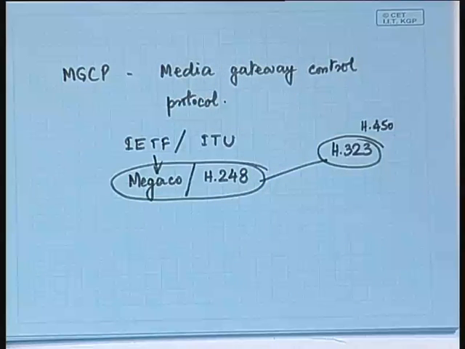So, together with H.323, this H.248 or Megaco should take care of the capability limitations that we were talking of. But then it was also seen that the user terminal endpoints are making use of H.323, whereas the media gateways and the signaling gateways will make use of the H.248 standard.